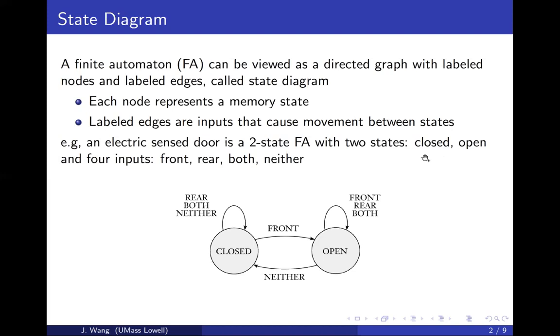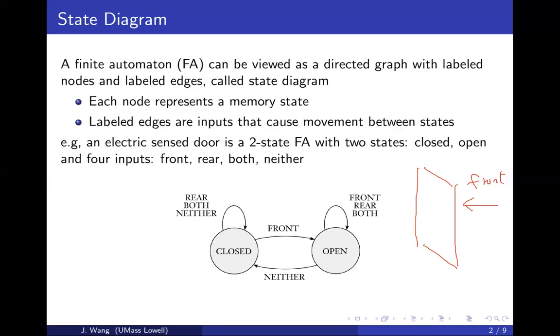Let me draw a diagram here. We have a door. Suppose this door is open only when there is a customer who wants to go in. Let's call the outside the front.